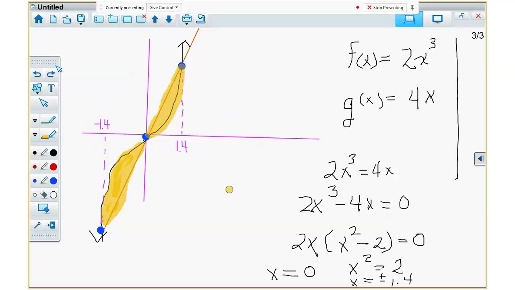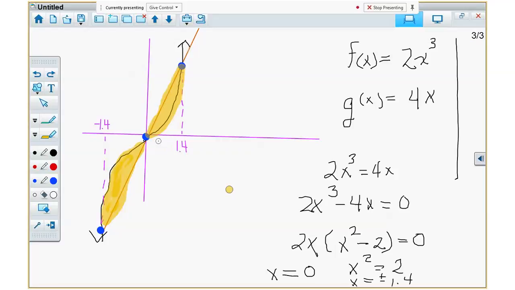Now, actually, which function is the higher function? Technically, the 4x is. How do you know that? It's above it, right? So you could actually take g of x minus f of x. Doesn't matter, because the area is still going to be the same, because you take the absolute value, because area is always positive, kind of like distance. So how do you determine what's higher?